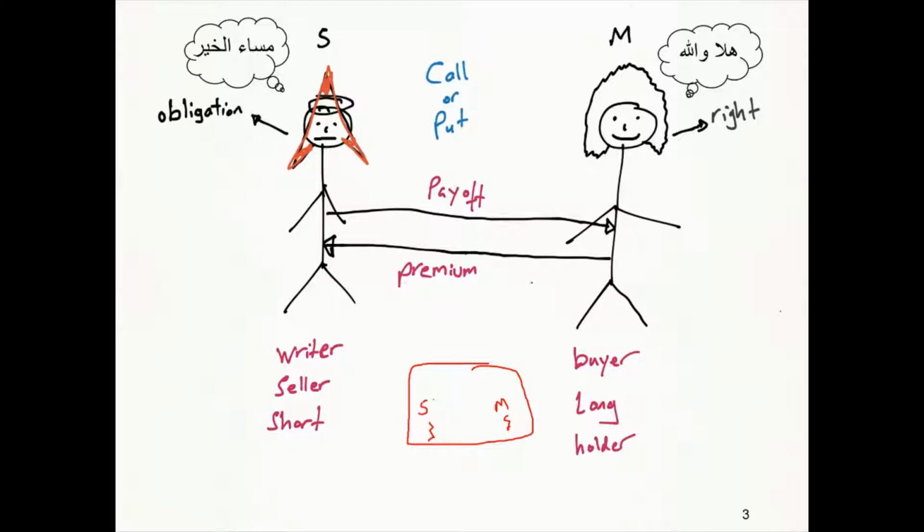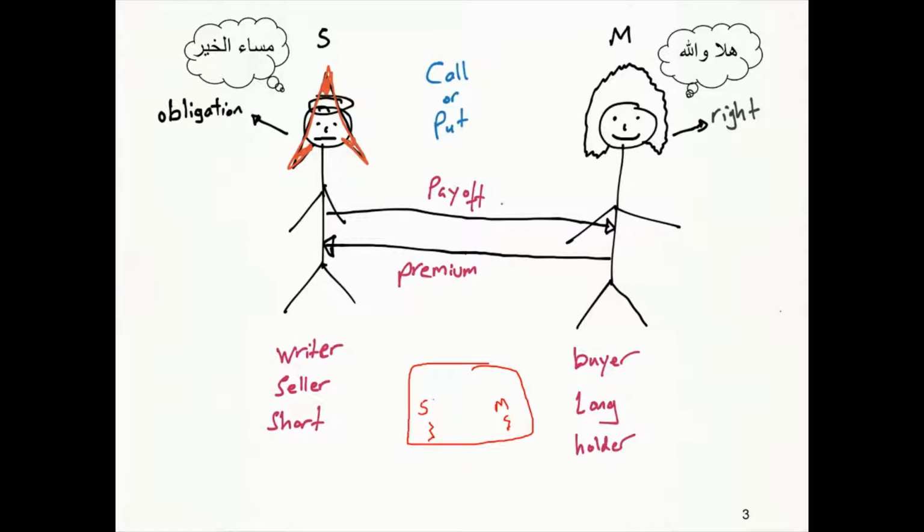Now, is there any uncertainty about the premium when they sign the contract? No. They agree on the premium. Mr. M will pay to Mr. S the premium. The cash flow is realized by Mr. S, and that's it. But are we sure that Mr. M will always receive a payoff? No. Here comes the uncertainty.